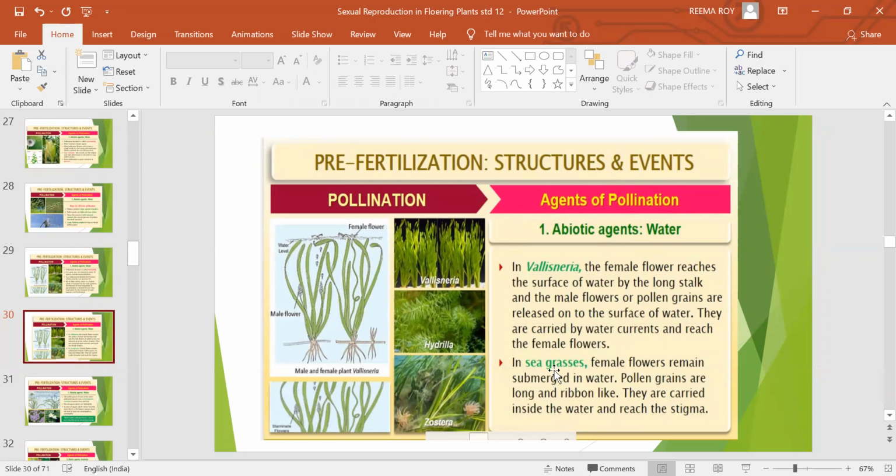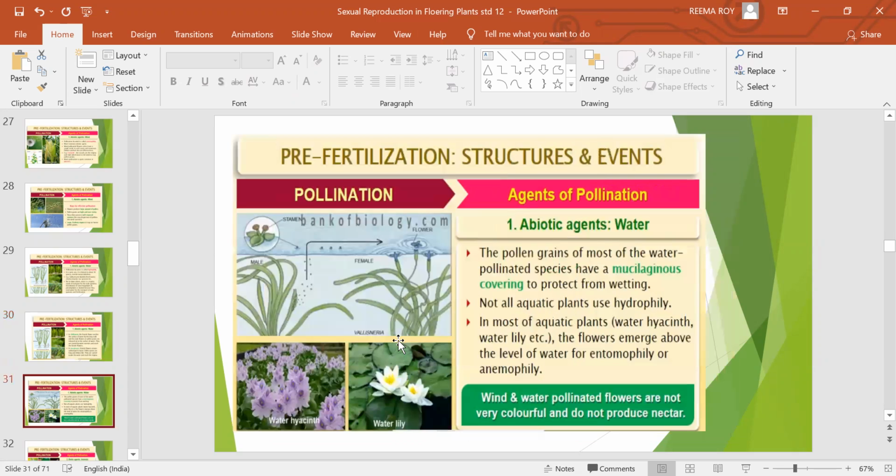And other example is sea grasses. Female flowers remain submerged in water, whereas pollen grains are long and ribbon-like. Pollen grains, जो male reproductive part है, that is taller than female. They are carried inside the water and reach the stigma. This is about pollination by water.